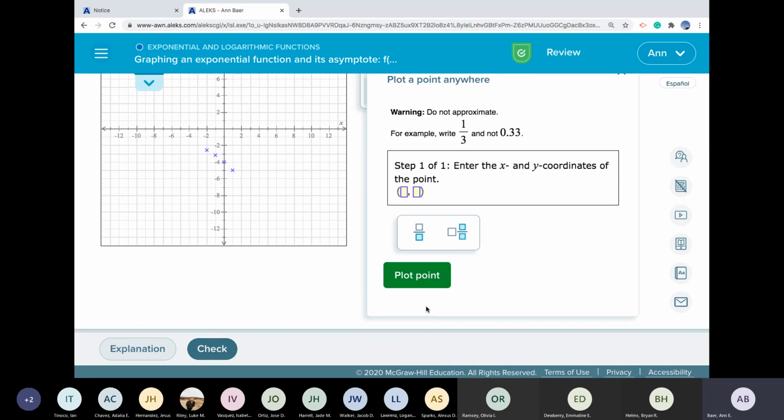Last one, negative 25... So we're, whoops, you need the 2 first. Positive 2, negative 25 over 4, divided by 4.